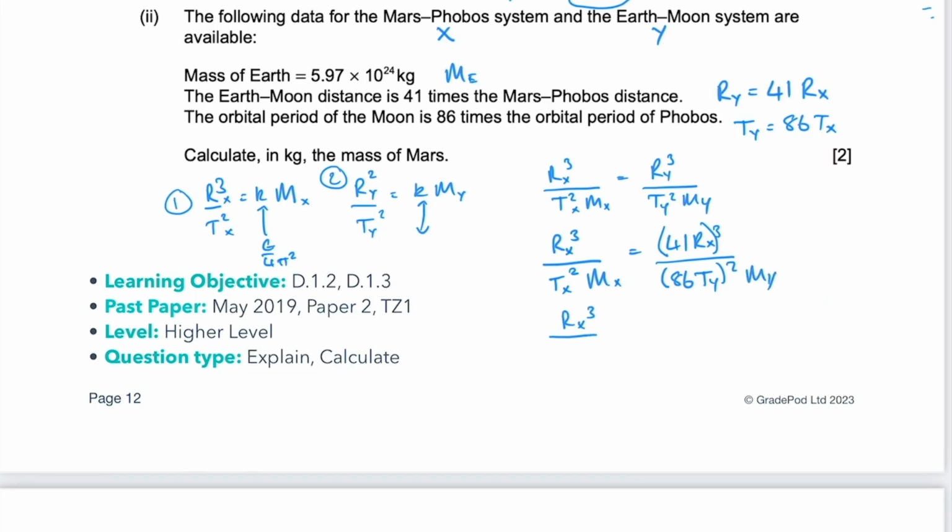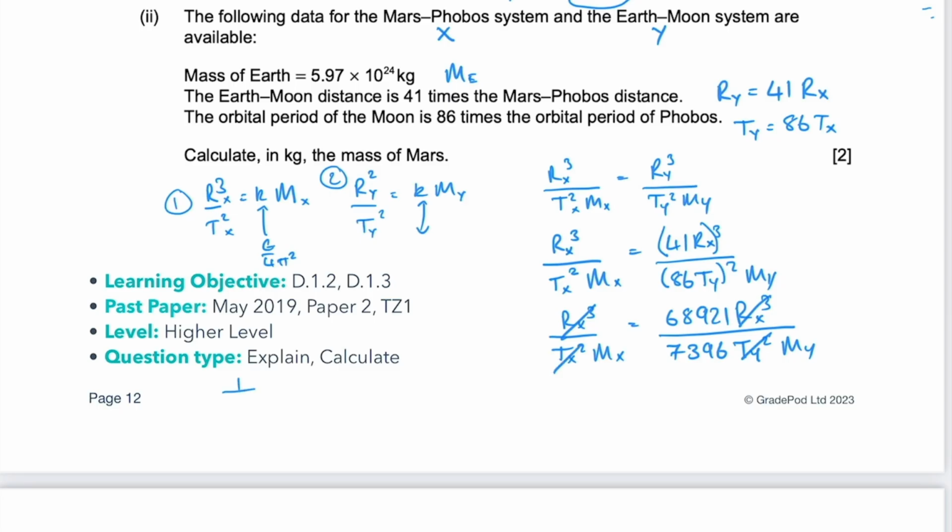Rx cubed over Tx squared Mx equals 68921, and that's 41 cubed, Rx cubed over 7396, and that's 86 squared, Tx squared My. And we can cancel out that, and that.